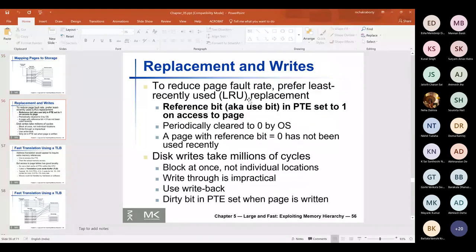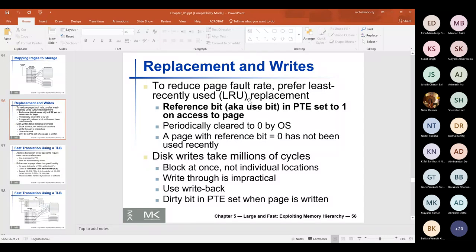Now, to reduce the page fault rate, again the LRU replacement scheme has to be used. LRU means least recently used. That as if means there is a concept of time of when this was last accessed, that has to be maintained.